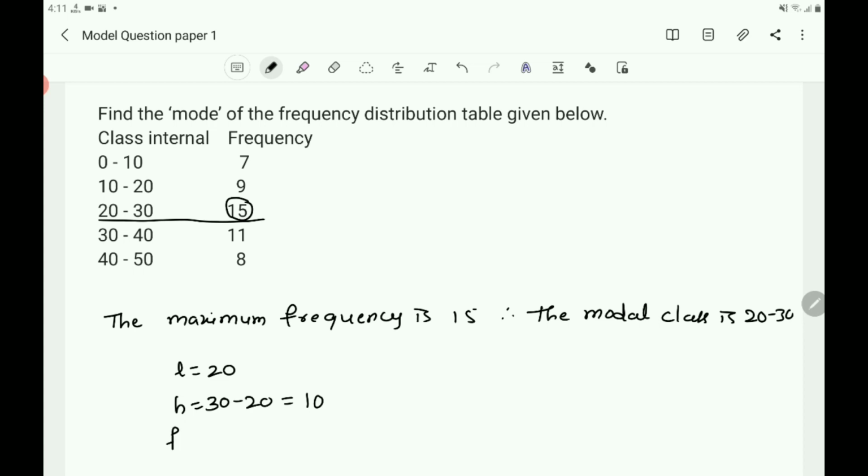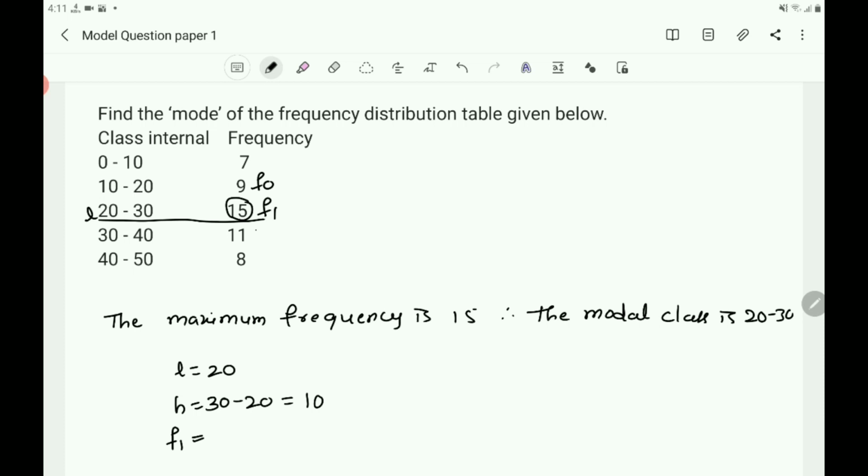Then F1 is the frequency of the modal class, that is 15. And F0 is the frequency of the class preceding the modal class.